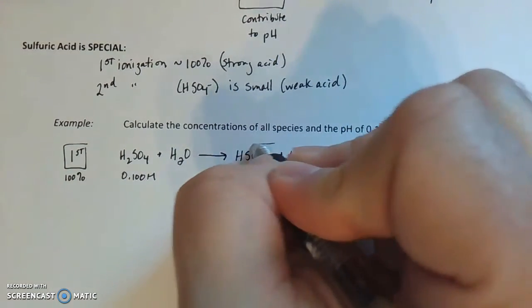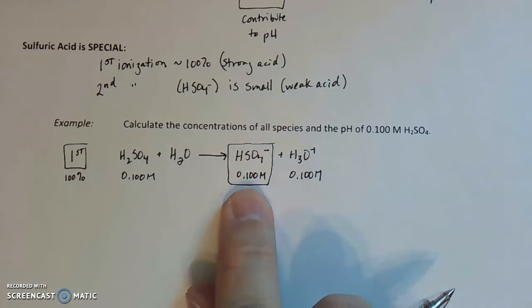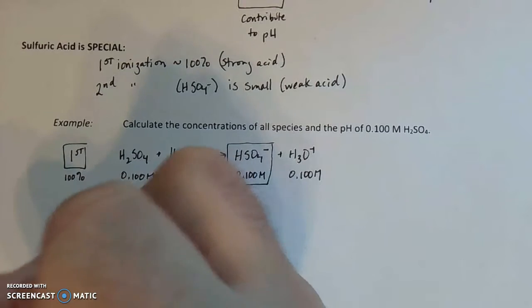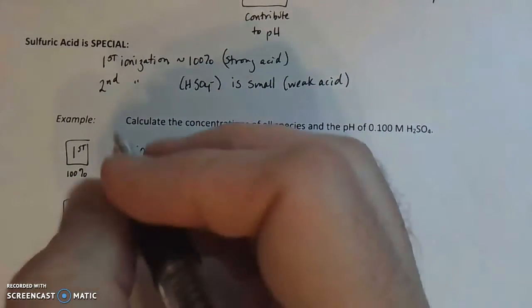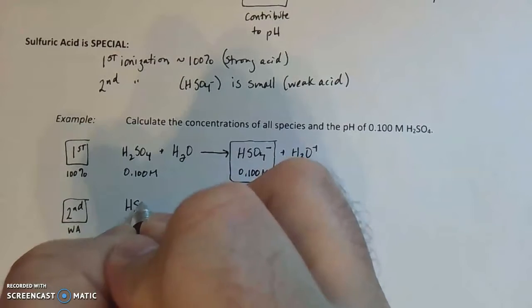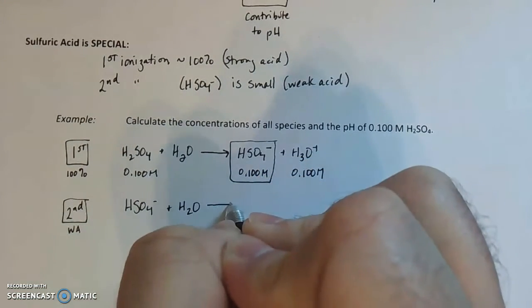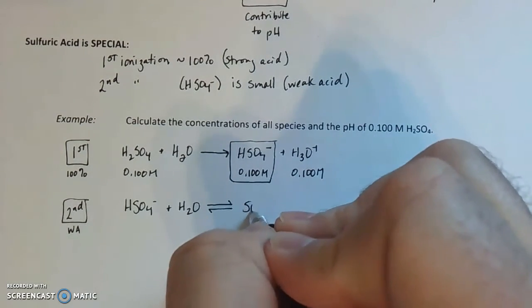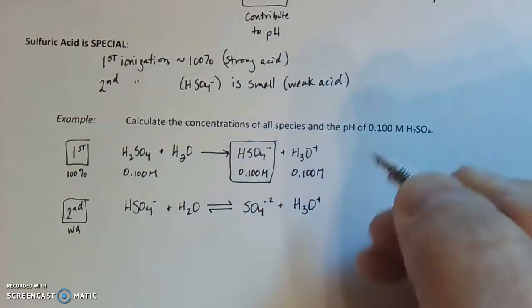So this now can further ionize. So our second ionization is going to be like a weak acid, like the problems that we have been doing. So we're going to have HSO4 minus plus water. But now because it's weak, we have an equilibrium system, and we end up with SO4 minus 2 and H3O plus.